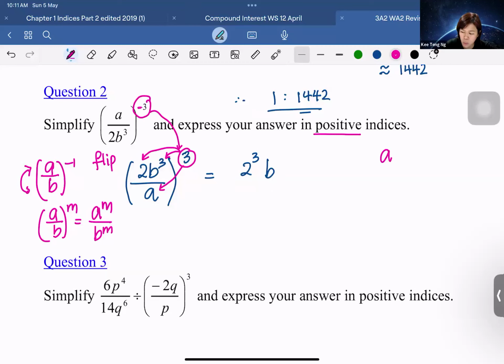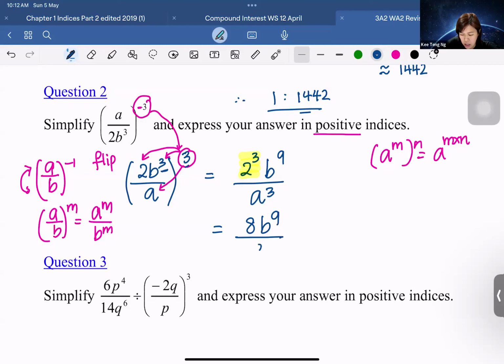This one, A to the power n, bracket n, the powers will multiply by each other. So that will give me 3 times 3, 9, over A to the power of 3. Okay, however, this is not the simplest form because I have 2 to the power 3 over here. Okay, we need to express it as simply as possible. So it's just a number. 2 to the power of 3 using a calculator gives you 8. B to the power 9, A to the power 3.